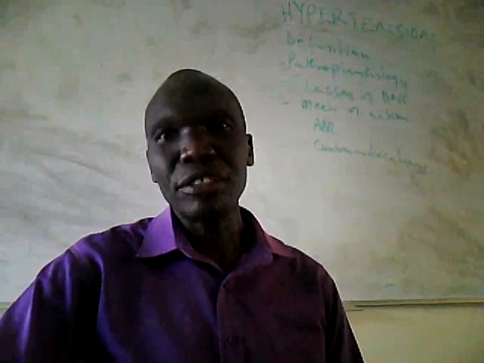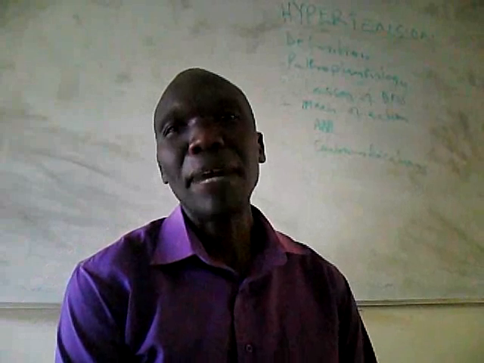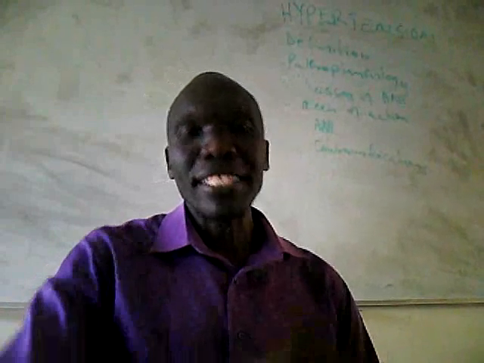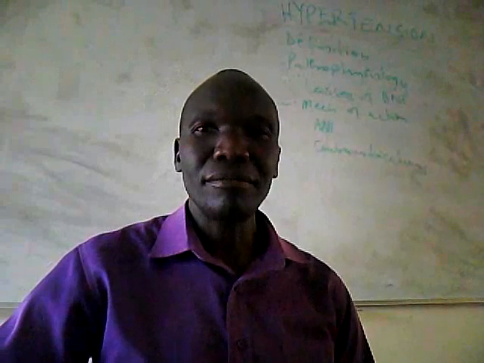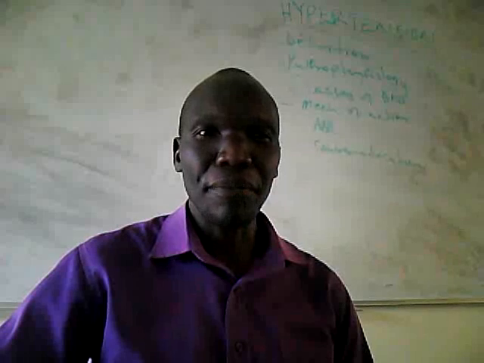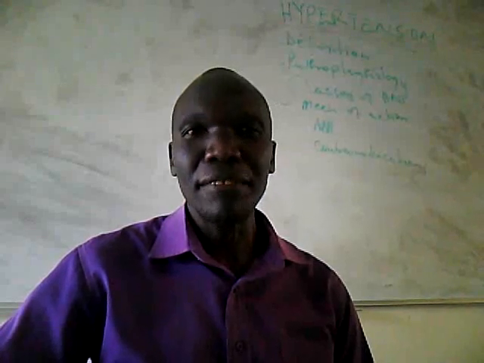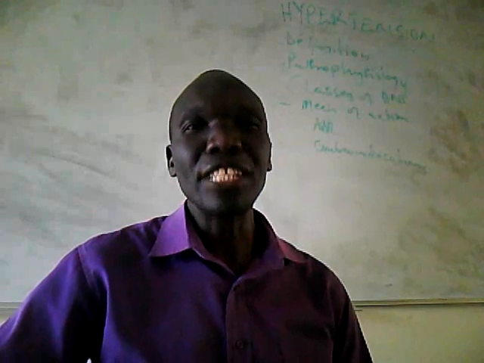By definition, plainly we say hypertension is defined as persistently elevated arterial pressure, blood pressure. A persistently elevated arterial blood pressure is preferred for a reason.